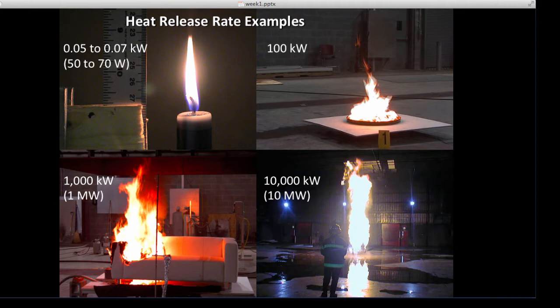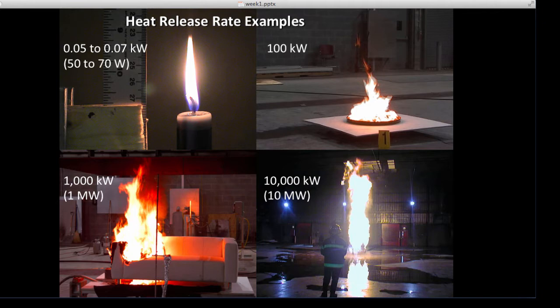Go to the bottom left. Now we're looking at a sofa that's burning, and we've got probably less than half of that sofa on fire at the moment, and that's probably close to 1,000 kilowatts, which we could also say is 1 megawatt. Right, 1,000 kilowatts equals 1 megawatt. Just because it gets a little easier on the really large fires to drop some of those zeros off.